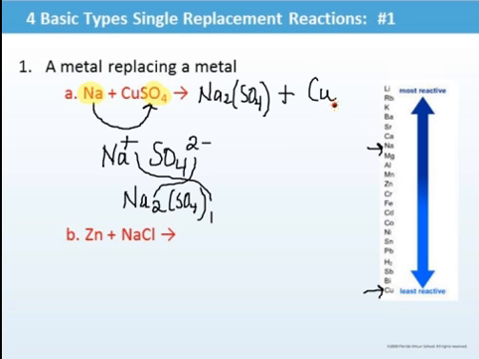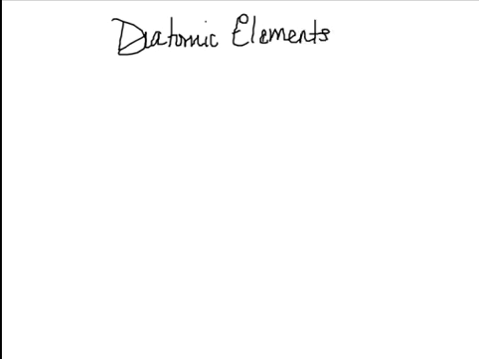Now remember, whenever we have elements by themselves, we have to check for those diatomic elements. Remember those diatomic elements? Diatomic elements are the elements that, when they're by themselves, always have a 2 after them.